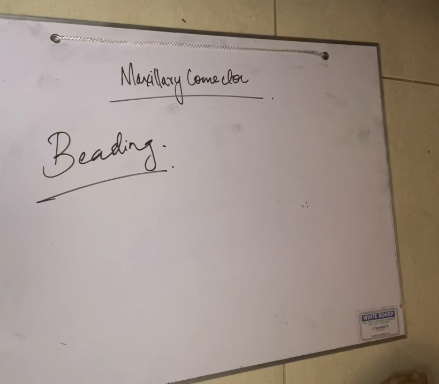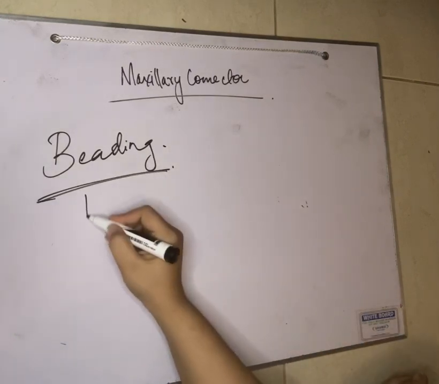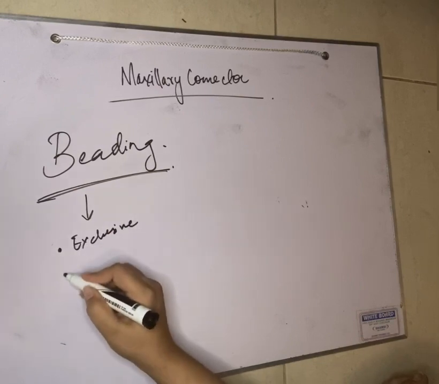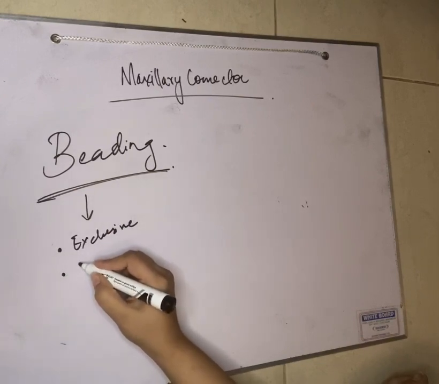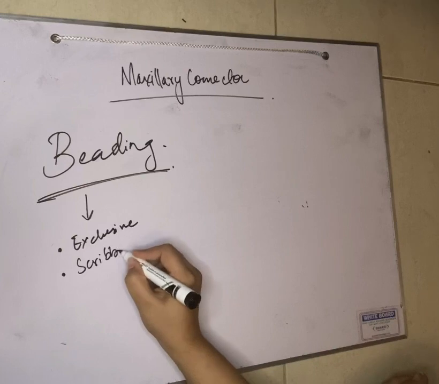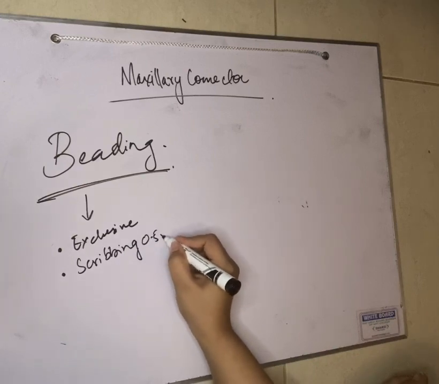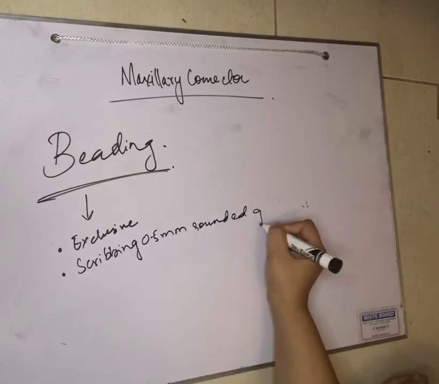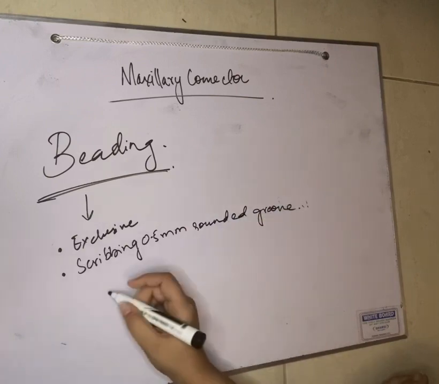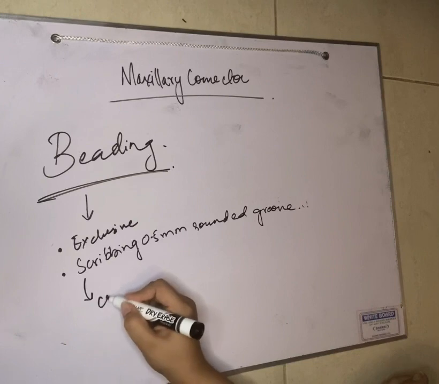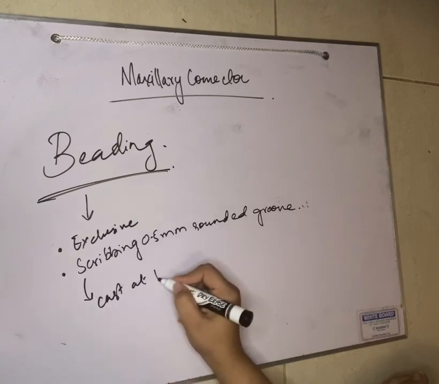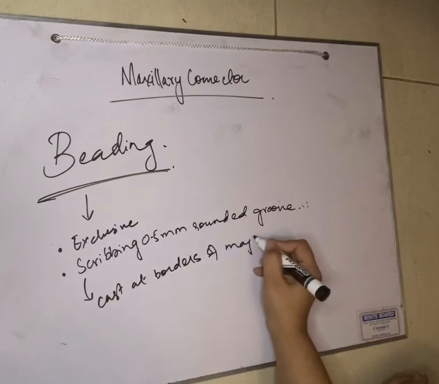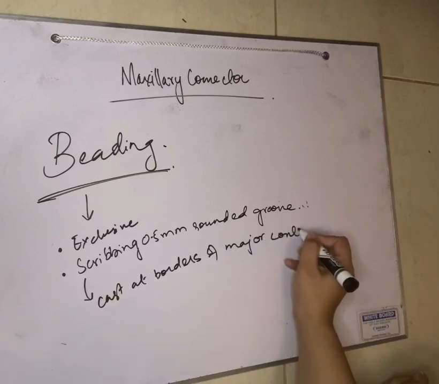Now beading. Beading is basically an exclusive maxillary major connector, right? And it is exclusive because it involves scribing a 0.5 mm rounded groove in the cast at the borders of the major connector, right?